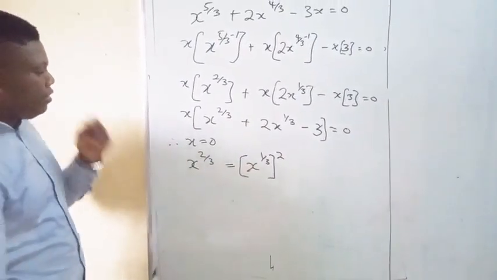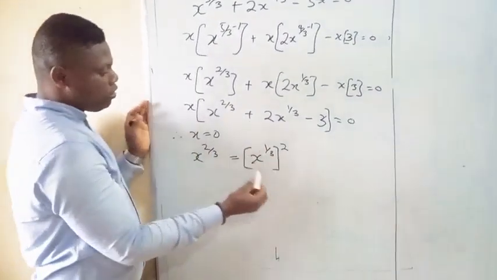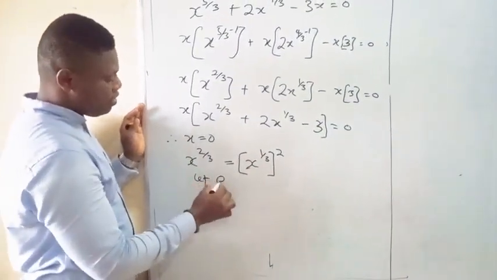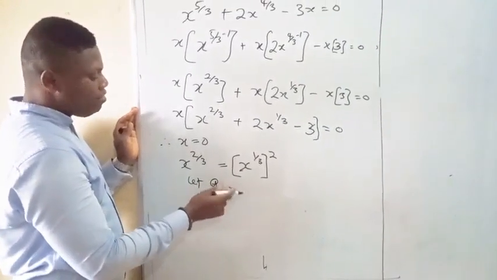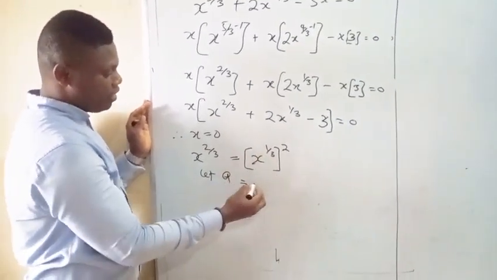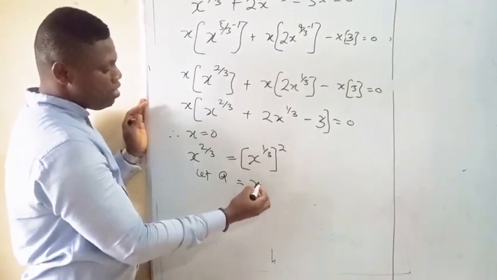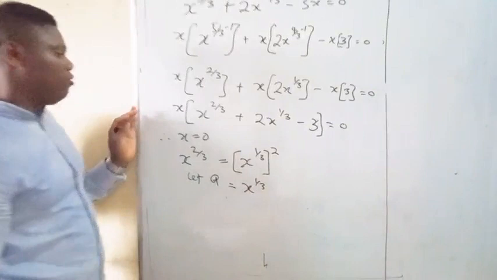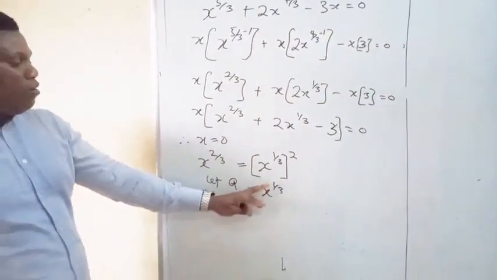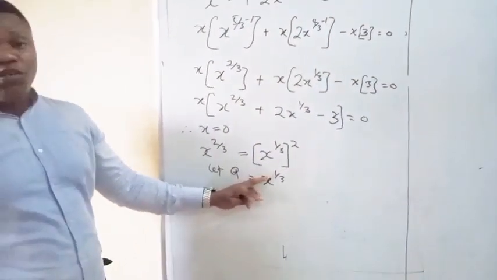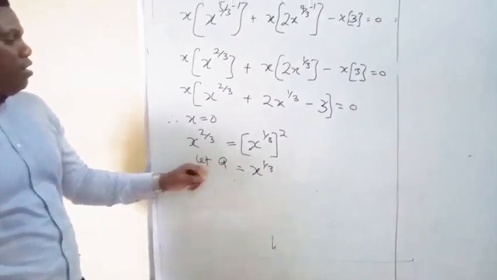Alright, having got that, I can now also say, let a, or any value, just be equal to what I have inside here. So anywhere I see x to the 1/3 power, I should be putting a.